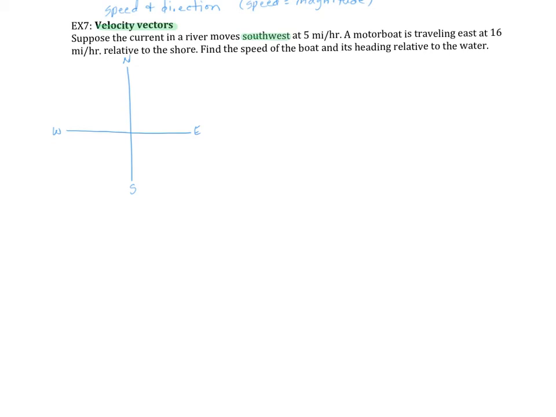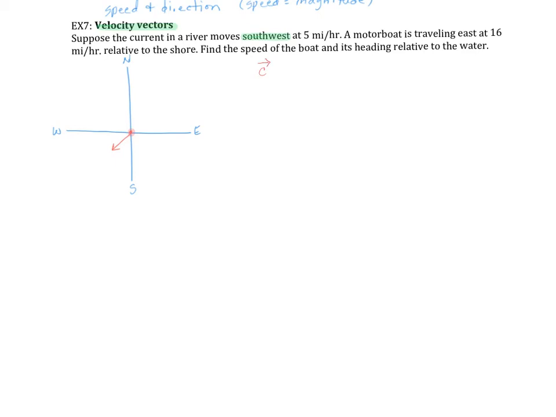So I'm going to draw a vector that represents the current, and I'm going to put that vector at the origin. I'm going to call that vector C for current.